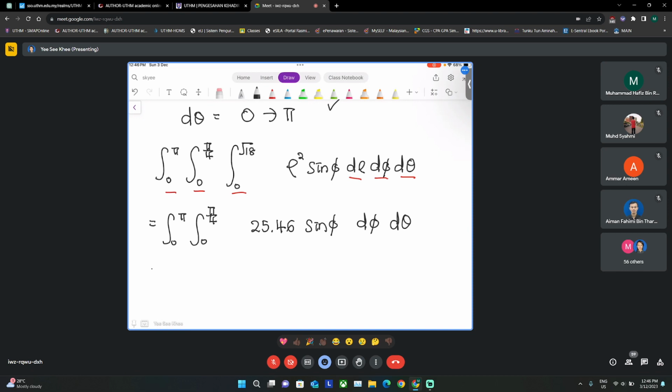Next, we go to the second integral with respect to phi. You press your calculator sine phi, from 0 to pi over 4, and multiply 25.46.